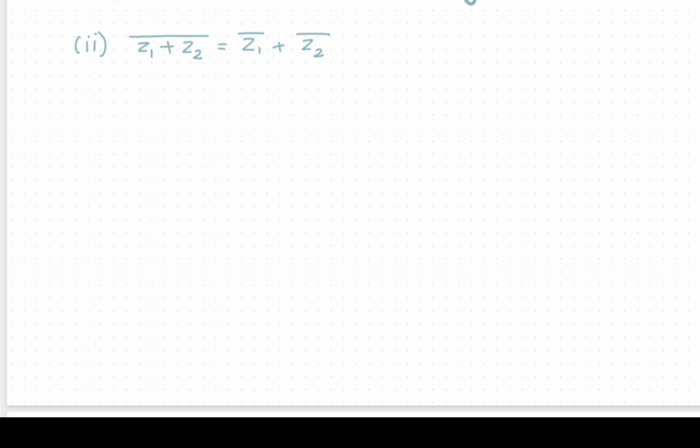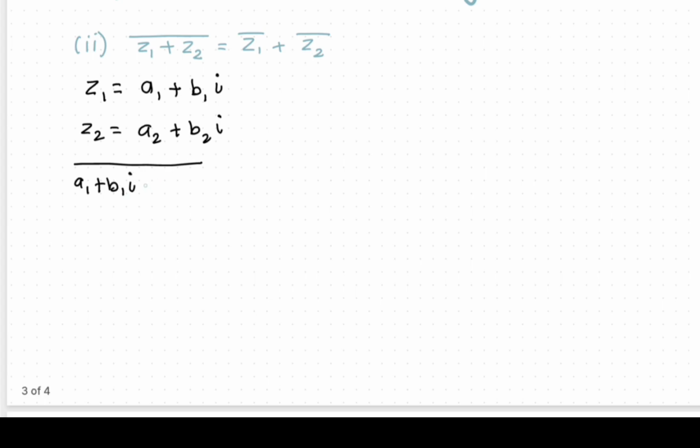Well, let's assume that Z1 is equal to A1 plus B1I, and let's assume Z2 is equal to A2 plus B2I. Let's start with the left-hand side. It's the conjugate of Z1 plus Z2, which is the conjugate of A1 plus B1I plus A2 plus B2I. That's the left-hand side.